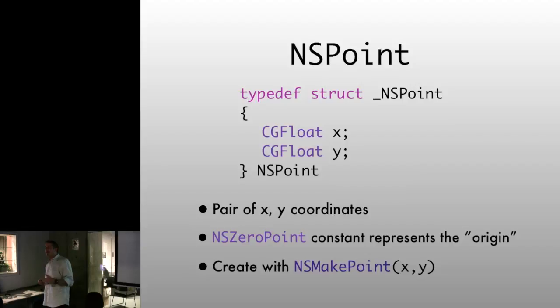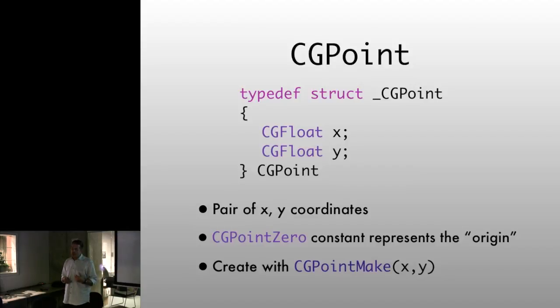As a reminder, you make these structures under Cocoa with NSMake and the name of the object: NSMakePoint, NSMakeRect, NSMakeSize. Core Graphics is CG, the object type, and then the verb: CGRectMake, CGSizeMake, CGPointMake.